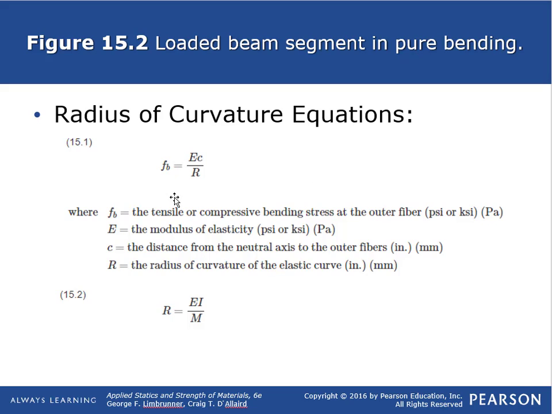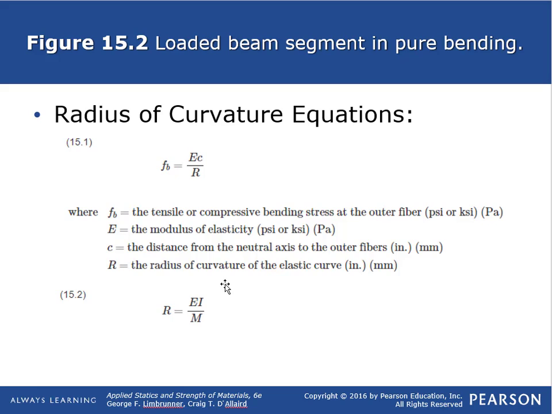What this says is the tensile or compressive bending stress at the outer fiber, F sub B, equals E, which is the modulus of elasticity, times C, which is the distance from the neutral axis to the outer fibers, all divided by R, which is the radius of curvature of the elastic curve.